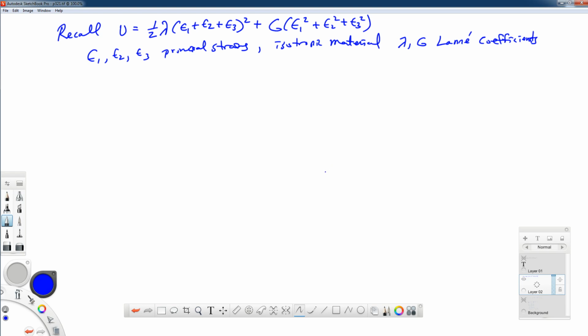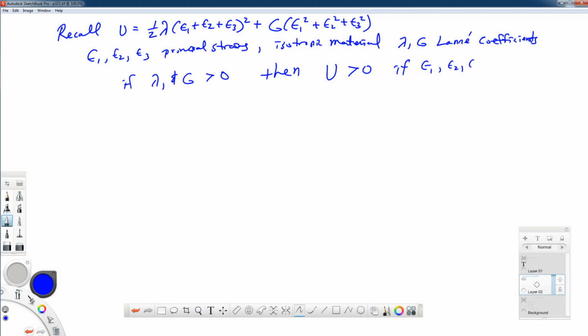Now, if we know ahead of time that lambda and g are greater than 0, if those are positive, then we can take a look at this equation. Since these principal strains are squared as a grouping, and they're individually squared over here, then U is going to be greater than 0 if these strains are non-zero.